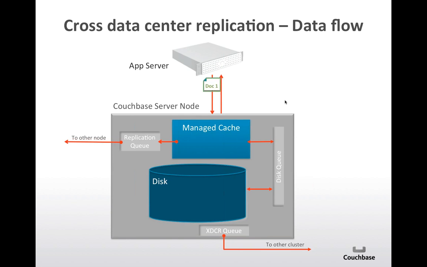The document gets written to the managed cache, and it gets sent to the replication queue. This queue is for the intra-cluster replication, which is for high availability. When document 1 gets persisted to disk, that's when the document gets sent to the XDCR queue, which will then be sent to another cluster for disaster recovery or for data locality.